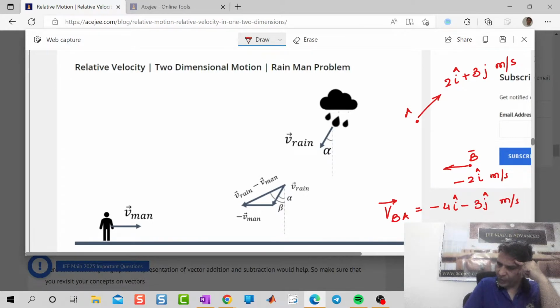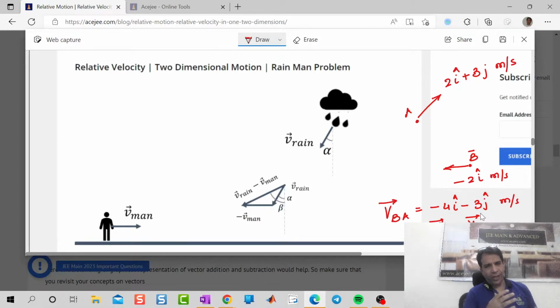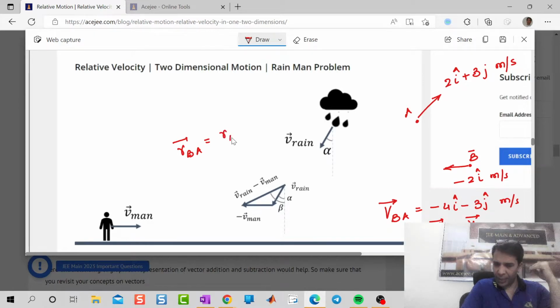So essentially this was VB minus VA. Stick to the definition, stick to the basics. We have explained, or at least I've tried to explain, the relative position of B with respect to A. If you take the time derivative, recall what we discussed earlier, what is the relative position of B with respect to A? We said this is RB minus RA.